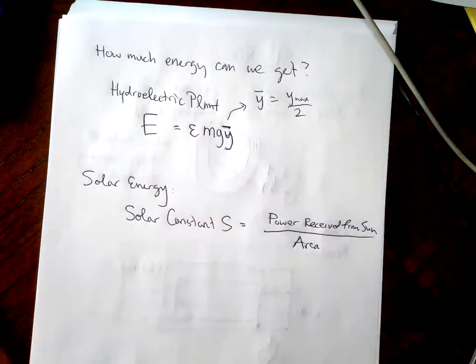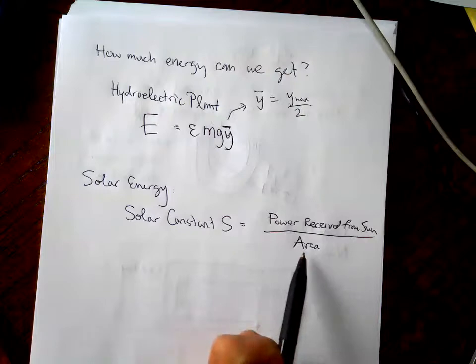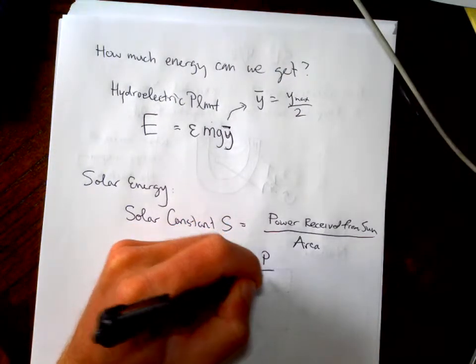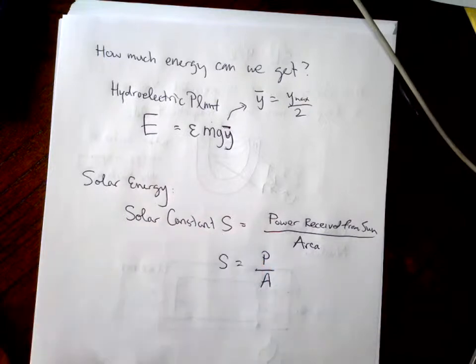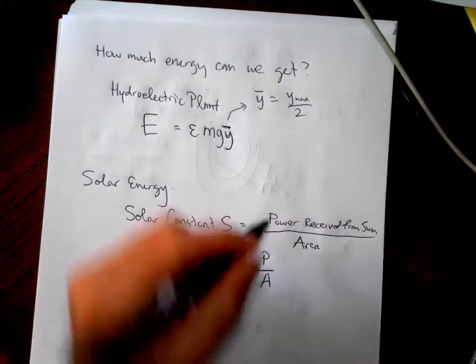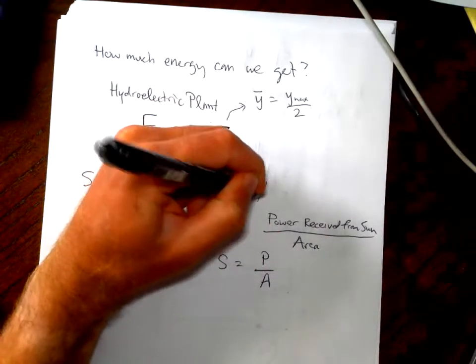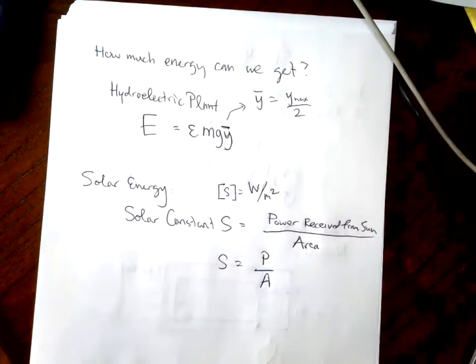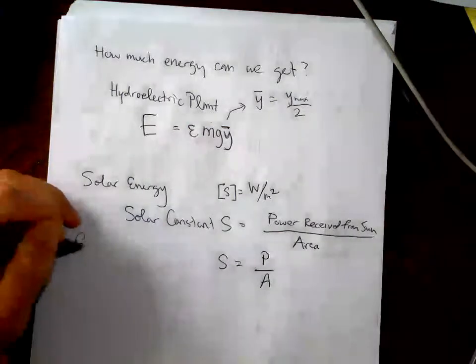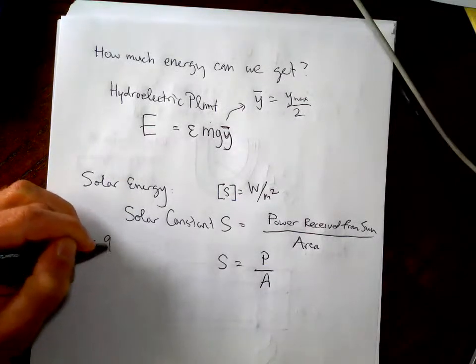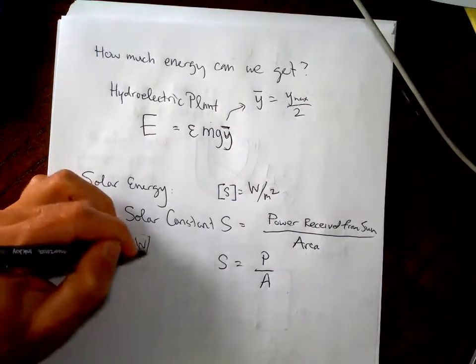Okay. So the solar constant is power divided by area, and the units of solar constant are watts per meter squared, power per area. The solar constant for Earth is about 990 watts per meter squared.